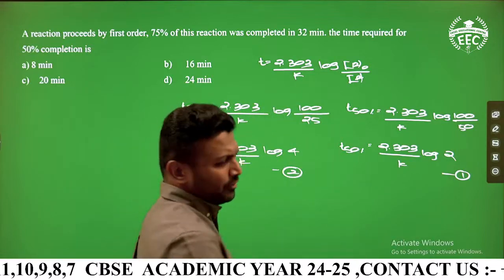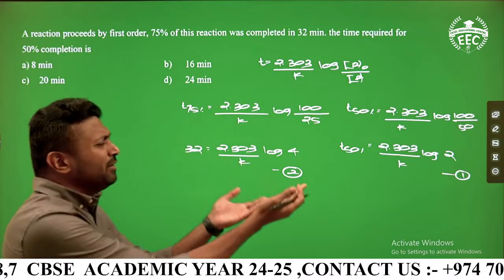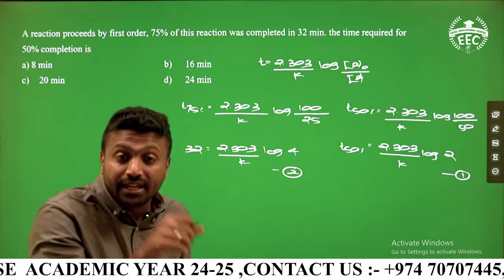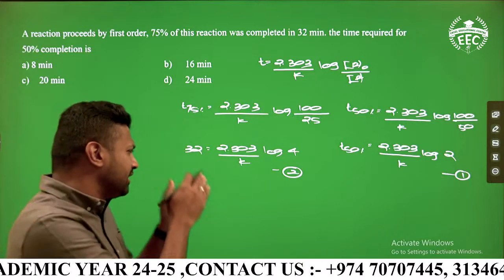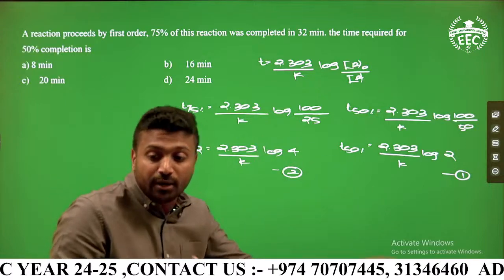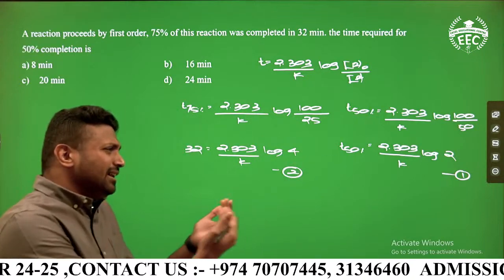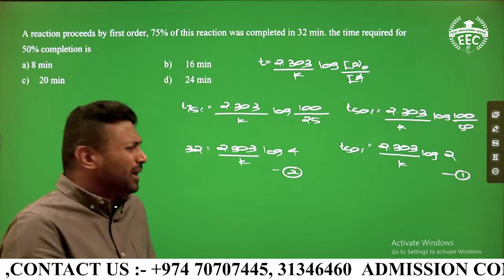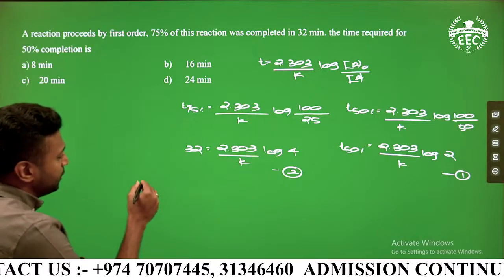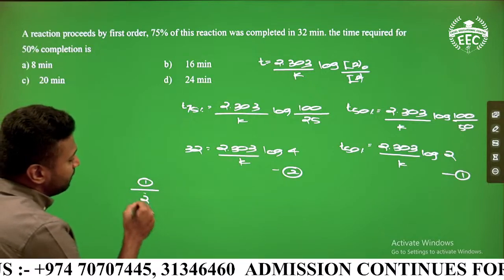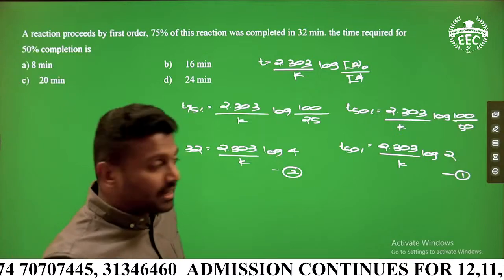Rearrange it, you can find out k from here, solve it, fine. What we require is time taken for 50%. Either you can find the k value from here and put it in, or one more option I can give you. But it's an MCQ, we can go in some advanced way. We can do equation 1 divided by 2. On doing equation 1 by 2, LHS by LHS, RHS by RHS.